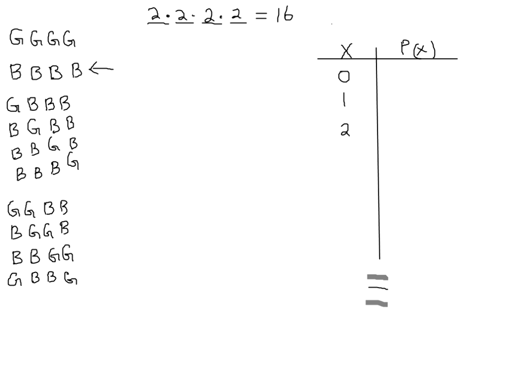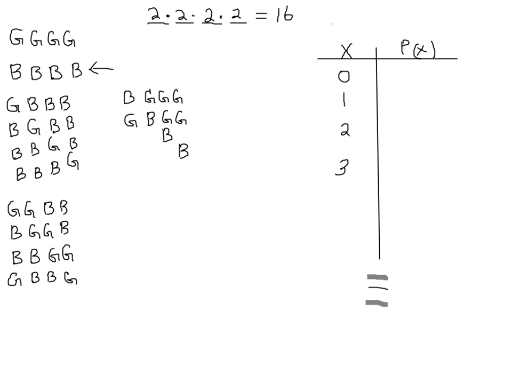Okay, so now I have to consider all the possibilities where there are 3 girls. So if we have 3 girls, that means we only have 1 boy. So 1 boy, 3 girls. And so look at what I'm going to do with that. The B is going to go in a diagonal so that I don't miss them.